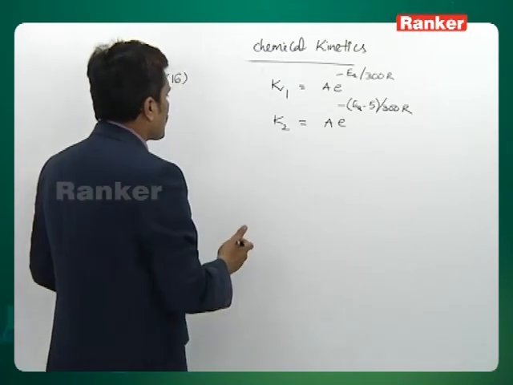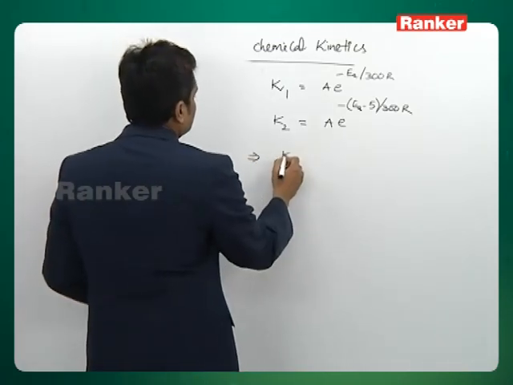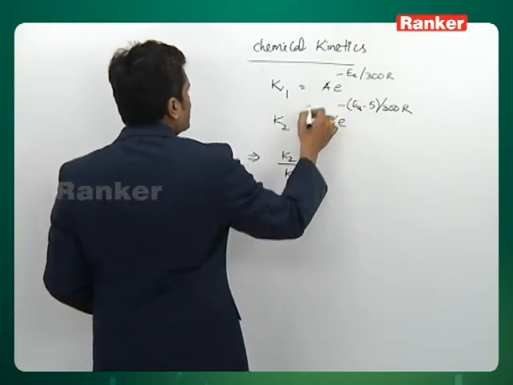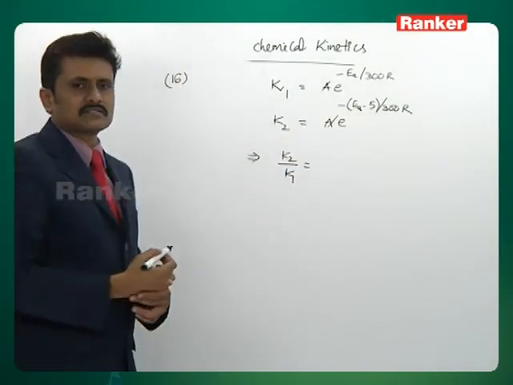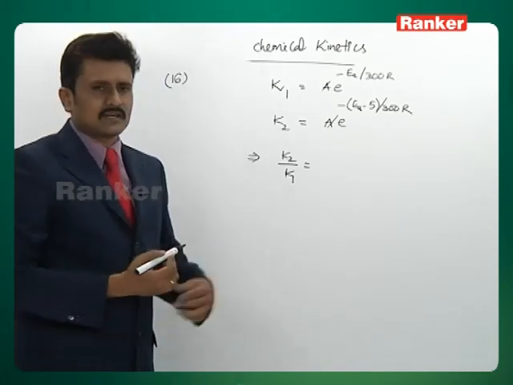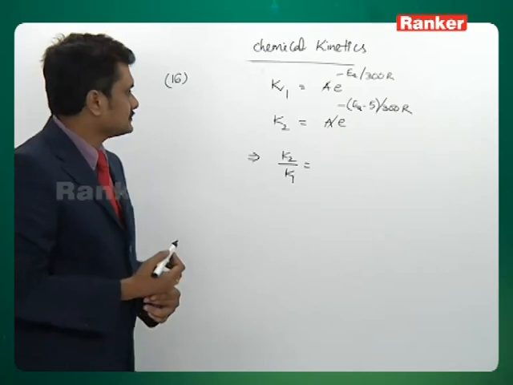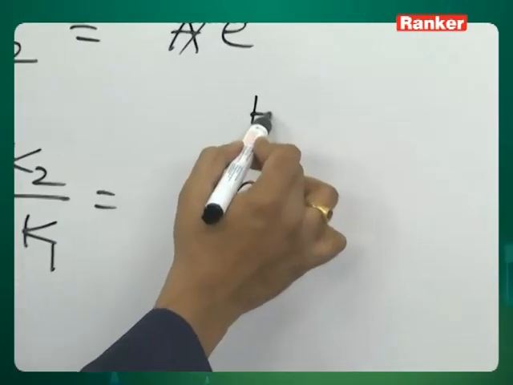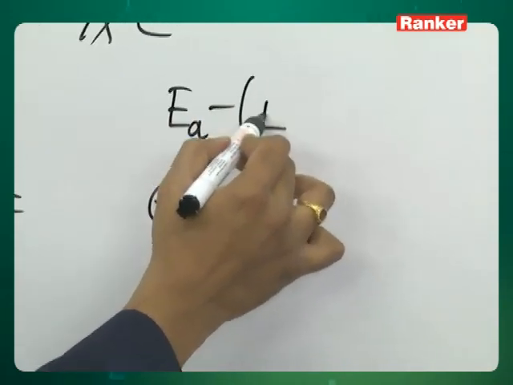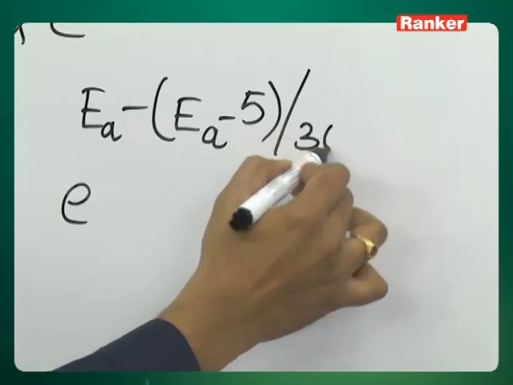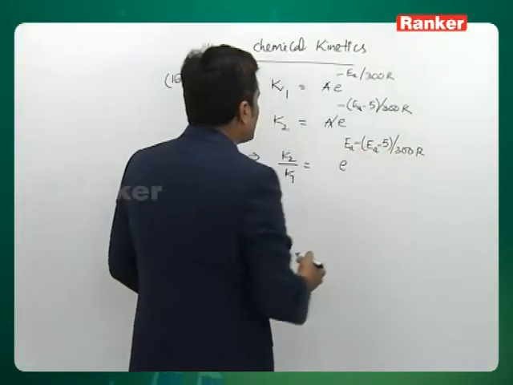Now when I do this, you know that the collision factor is not going to change when you have altered the activation energy by providing any catalyst. So when you have taken the ratio of these two, you are going to get this much.